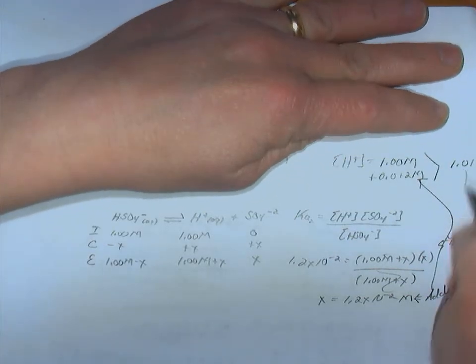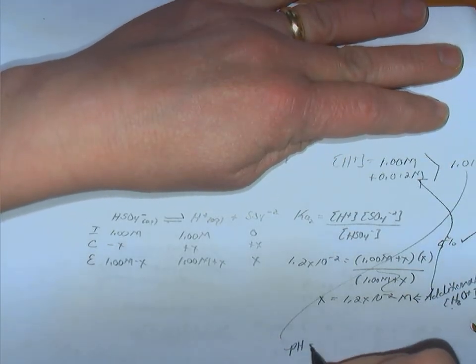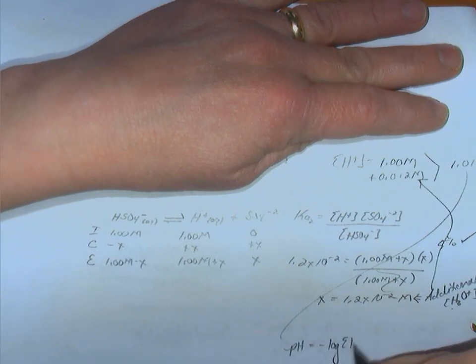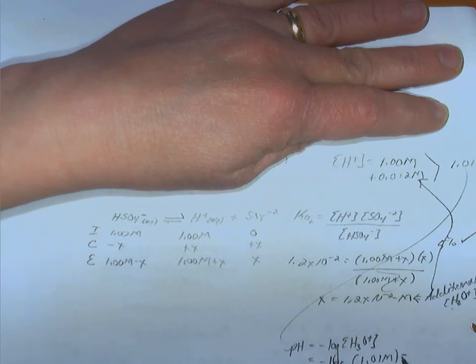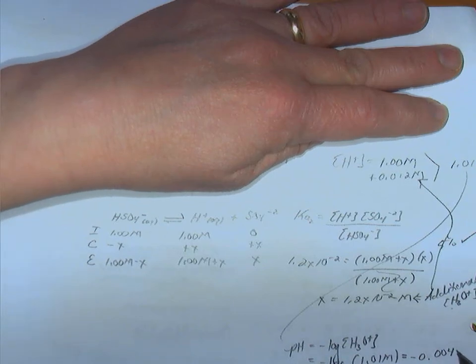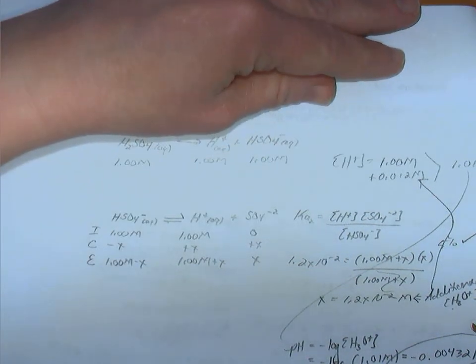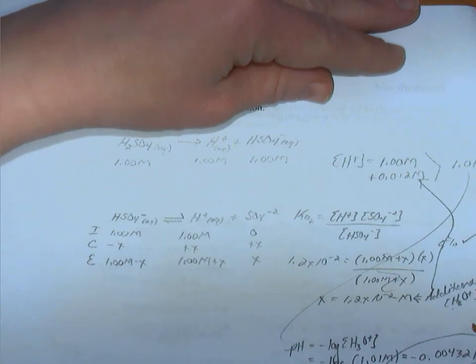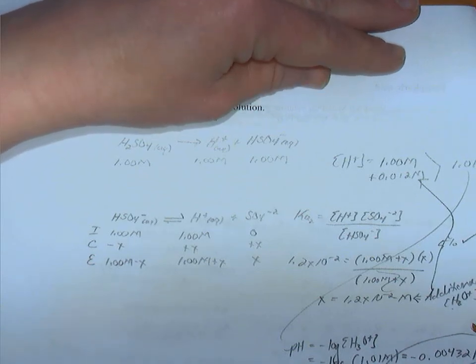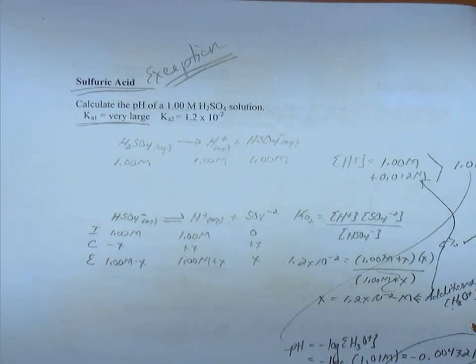All right, so pH, negative log, and we'll do that of the 1.01 molar, and that will give us negative 0.004321. Now, the pH of just 1 molar would be 0. So we've added a 100th of a mole per liter. That's significant as far as acids go.